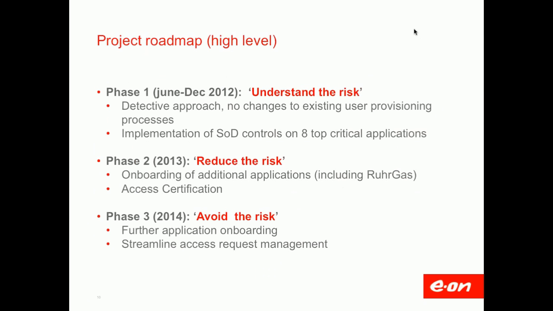Like I mentioned before, what we did was an initial phase of the project, which we called CAR Phase 1, which was basically around understanding the risk. We call this the detective phase.